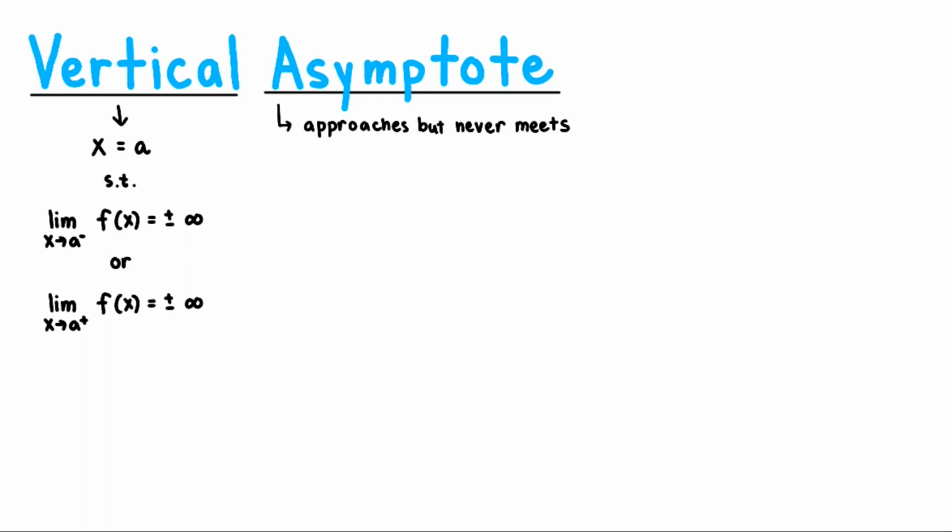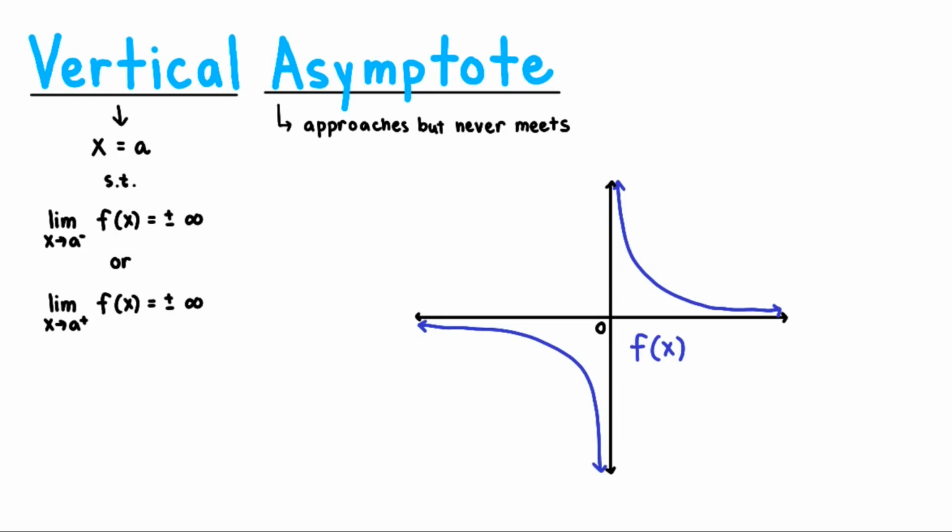So in our example earlier, we have f of x equal to 1 over x. We know here that the limit as x approaches 0 from the right of f of x is positive infinity, and from the left is negative infinity.